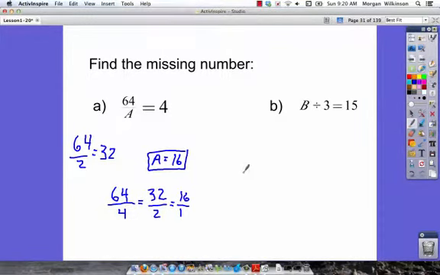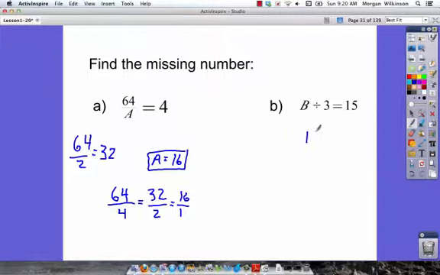Now our next problem we have b divided by 3 is equal to 15. We need some number that's going to be bigger than 15, because that's what each group would have if we broke the groups that we started with into 3 parts. So our answer for b has to be bigger than 15.